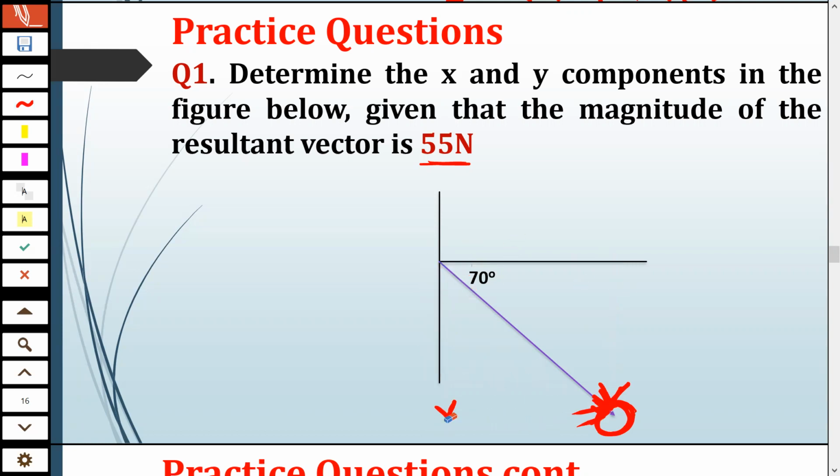Now the angle that we've been given is here, meaning we're going to take this direction and then go down. So this is our 90, meaning the opposite is this side here, which is F in the y. And then the adjacent is going to be F in the x.